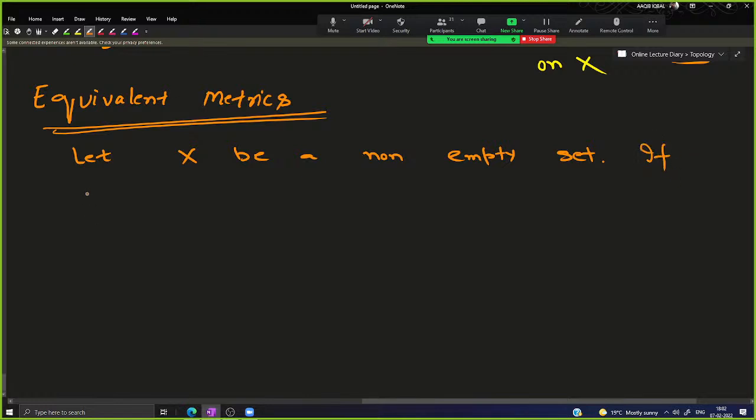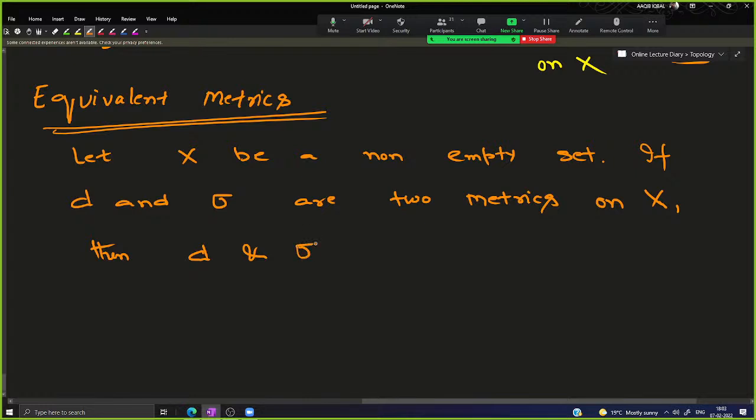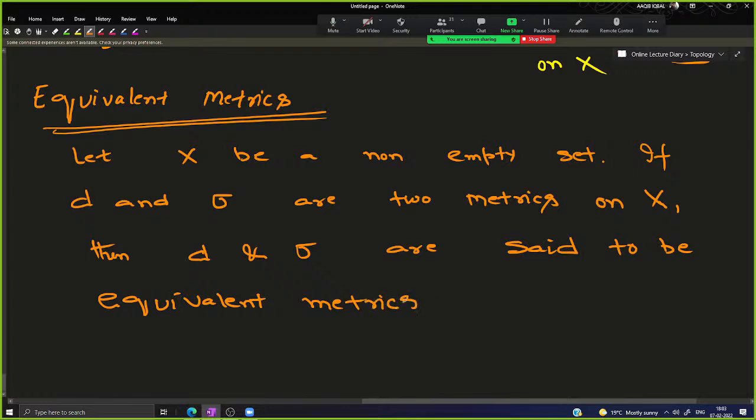If D and sigma are two metrics on X, comma, then these two metrics D and sigma are said to be equivalent. They are said to be equivalent metrics, not equal but equivalent metrics.